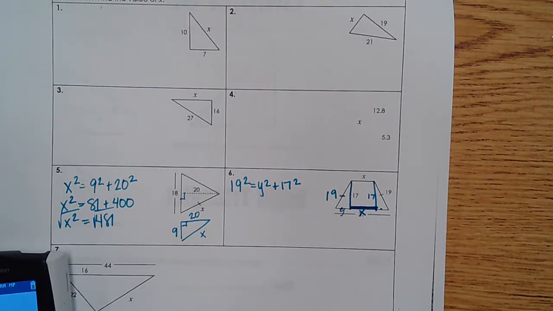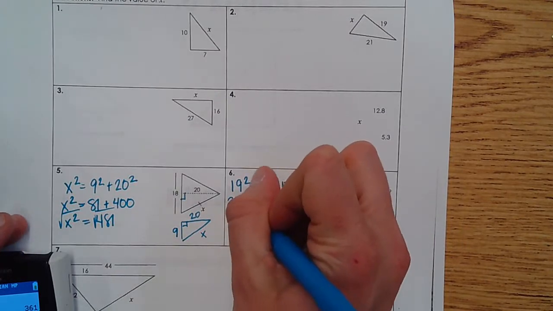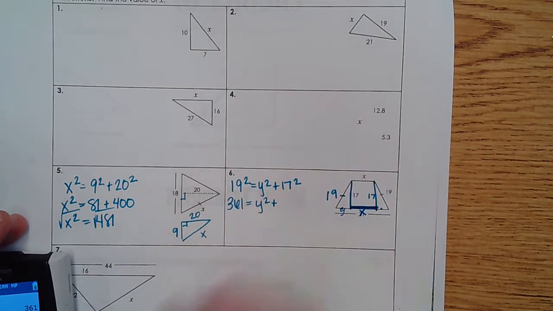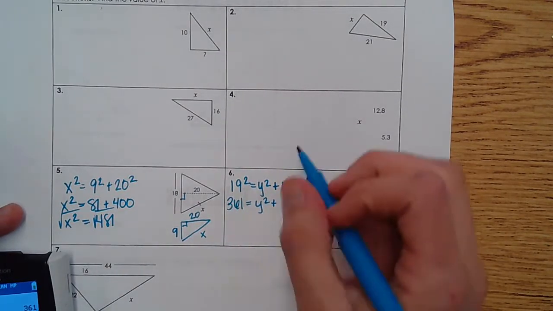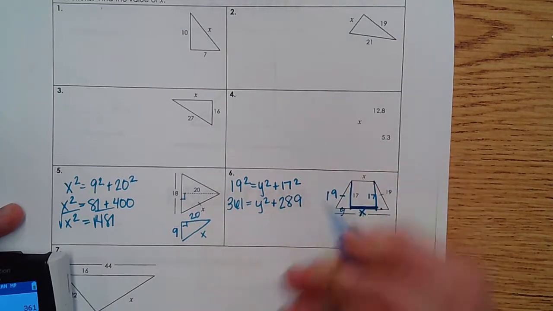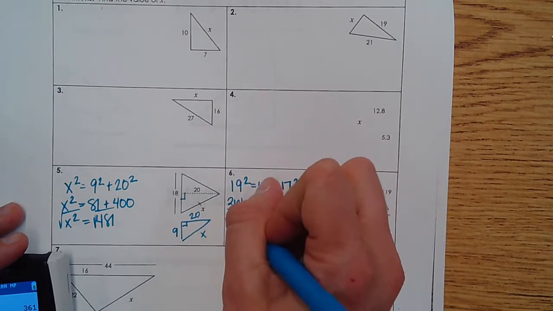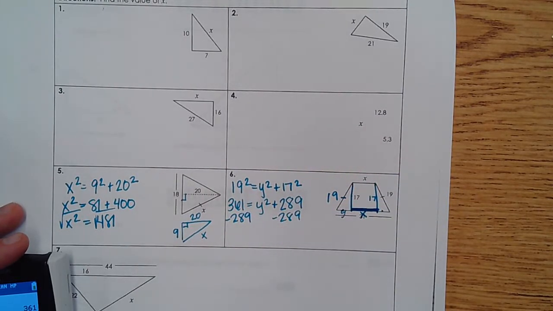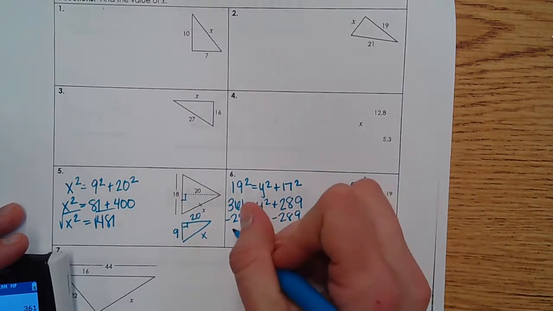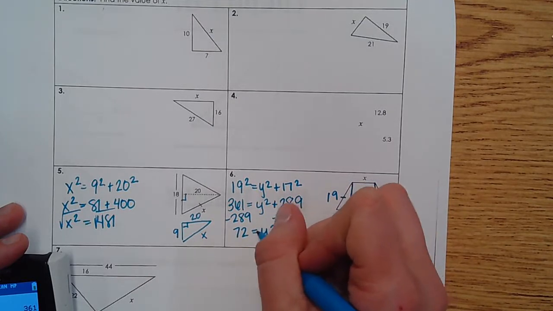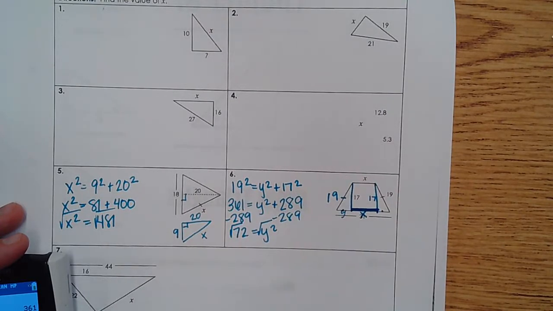So 19 squared gives me 361 is equal to y squared plus 17 squared. 289, 361 minus 289. 72 is equal to y squared, so we take the square root of 72.